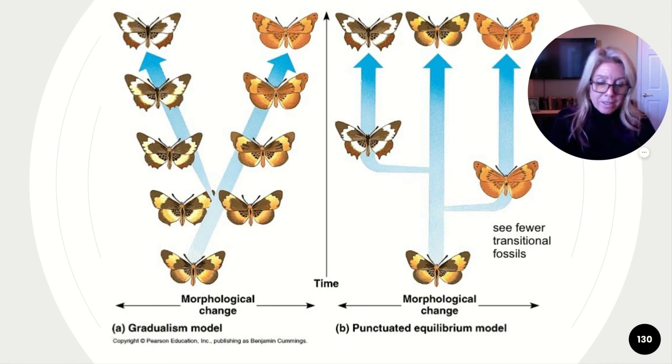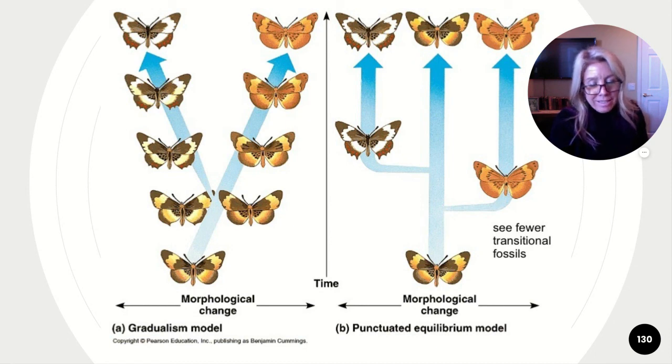So pace of speciation: in the gradualistic model, speciation occurs after populations become isolated, each group continuing slowly on its evolutionary path. And you would have a lot of transitional links between them. And then in the punctuated equilibrium model, species can appear quite suddenly, punctuated. I think of a punch as fast, so punctuated kind of sounds like that.